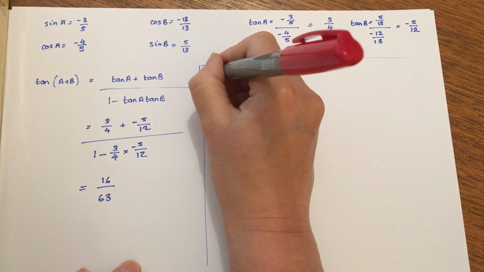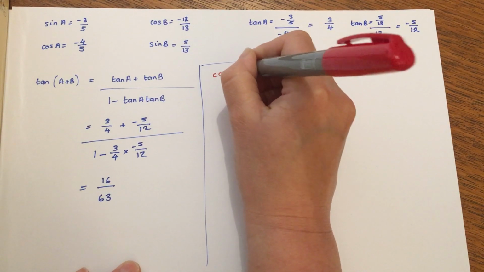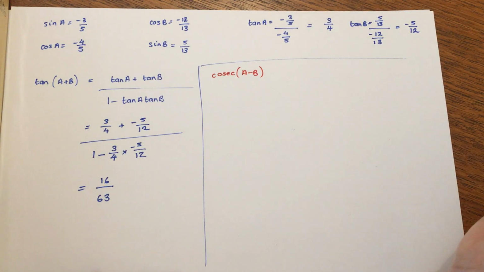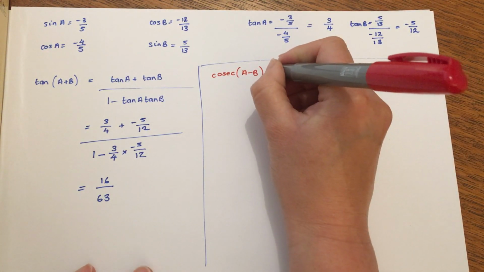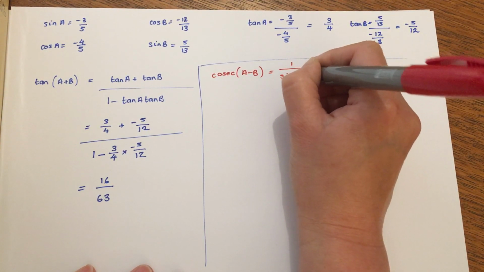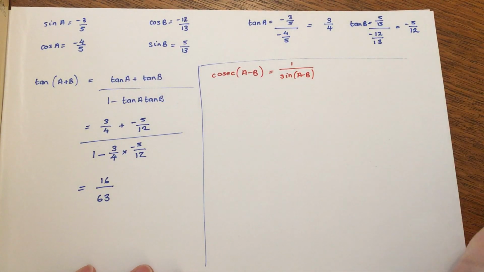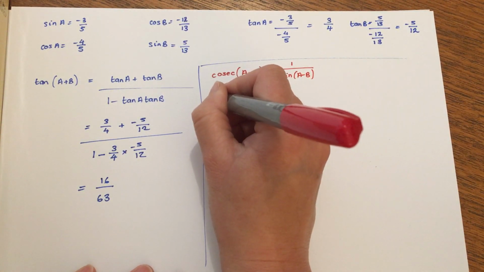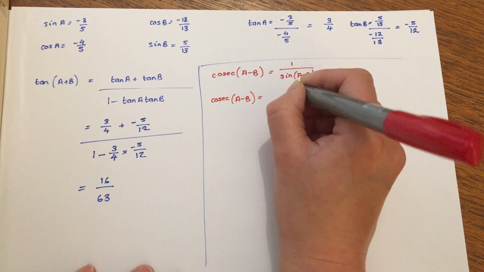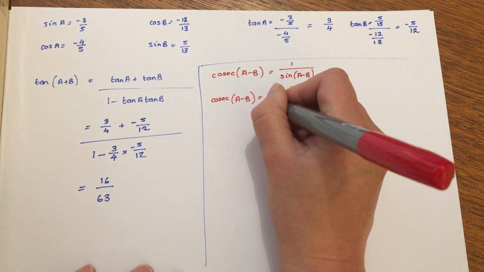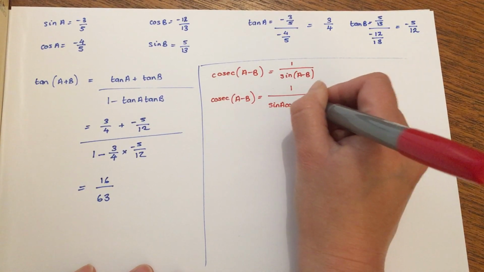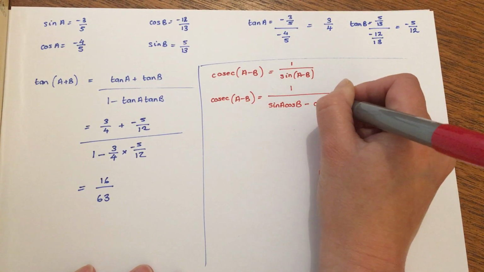Okay, part C was cosec A minus B. There is no additional subtraction formulae for cosec, except we know that cosec is the reciprocal of sine, so that's the same as 1 over sine A minus B. We do know what sine is, so cosec A minus B is 1 over sine of A minus B, and sine A minus B is sine cos minus cos sine.